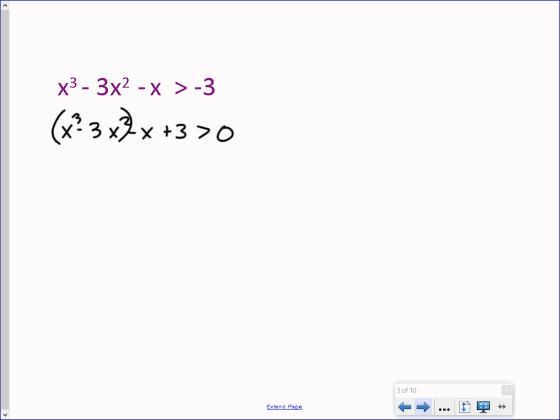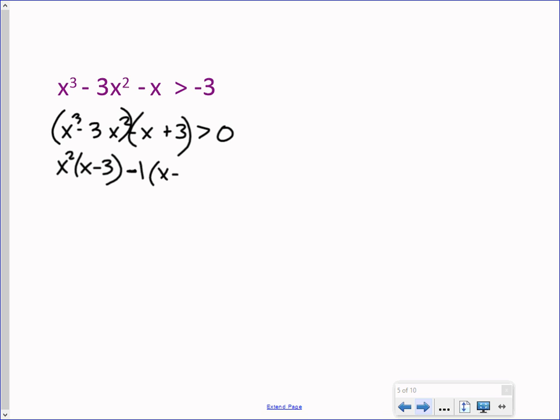So group my first 2. What can you take out of x cubed minus 3x squared? An x squared. You're left with x minus 3. What could you take out of negative x plus 3? -1. Always make sure you take something out of those last two terms. If they don't share anything in common, then you should take out a plus 1. There has to be an operation sign and a number outside that second group.